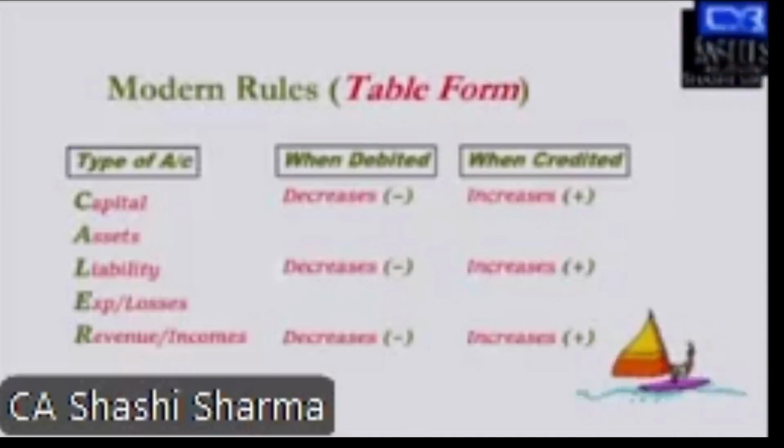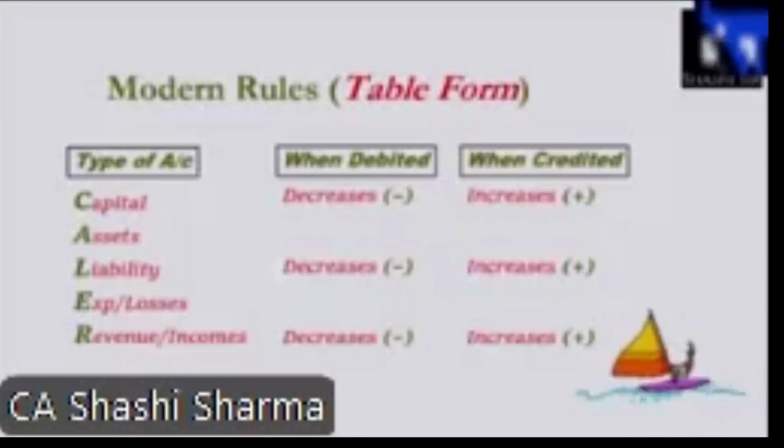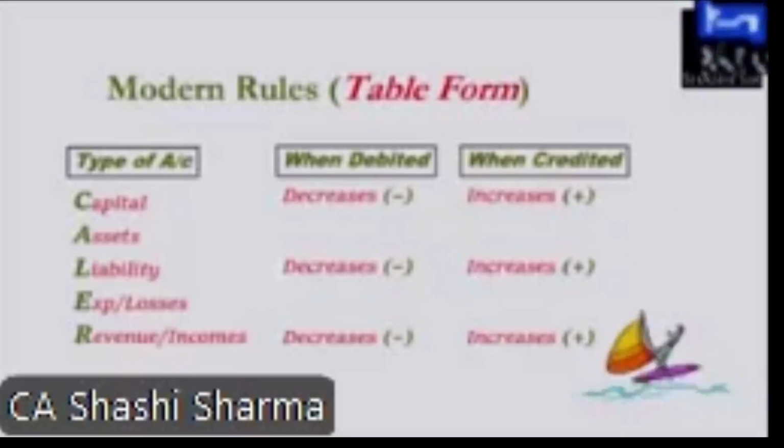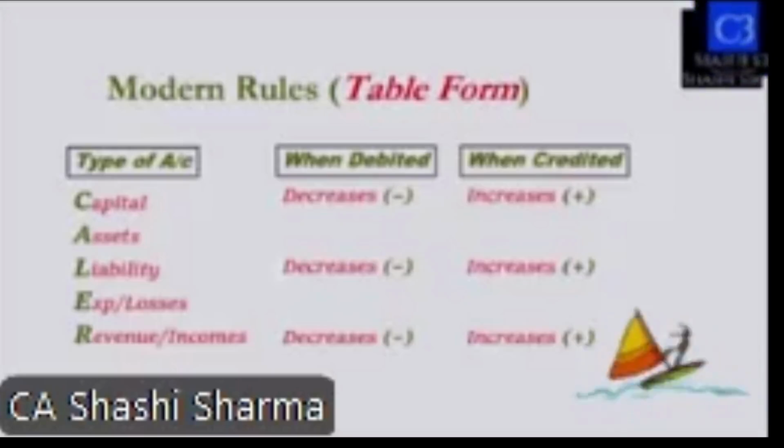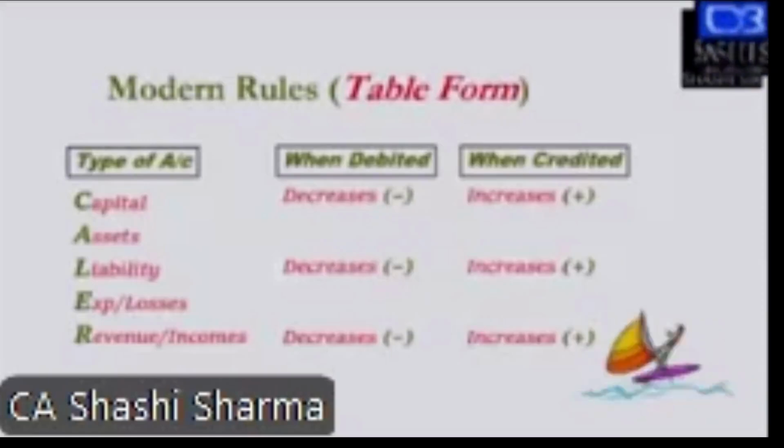Same is the case with liability, revenue and income. If due to a certain transaction, your liability is increasing, then credit that liability account. And if it's getting decreased, then it will be debited.